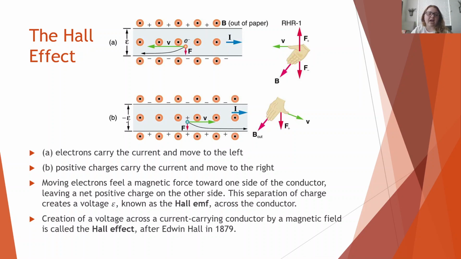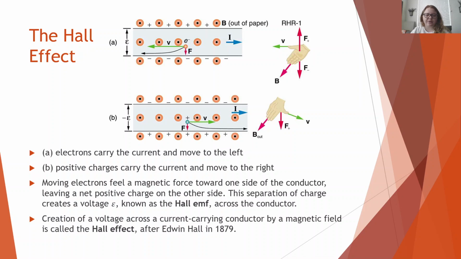So we have two different occurrences of this. One is when we have electrons that are carrying some sort of current. So we have a current that's flowing, and the electron is moving in the opposite direction of the current.